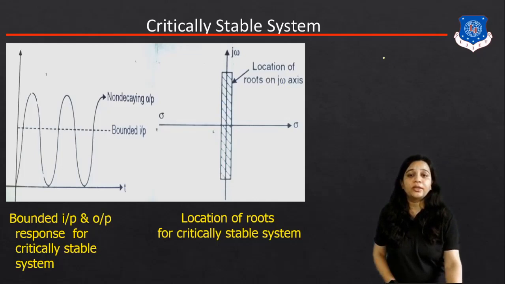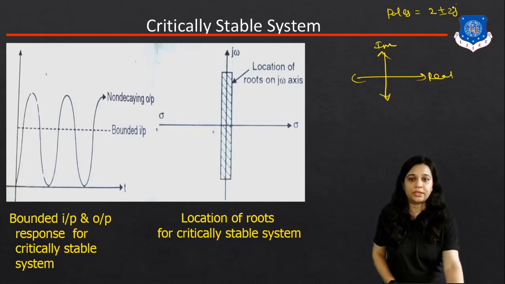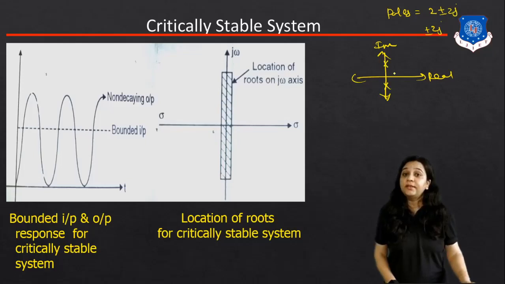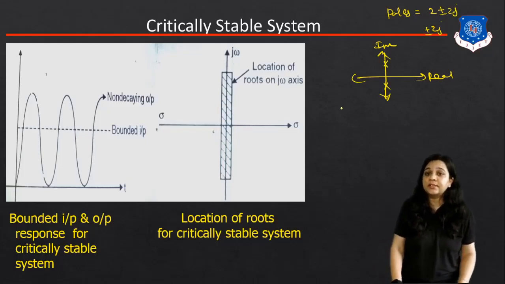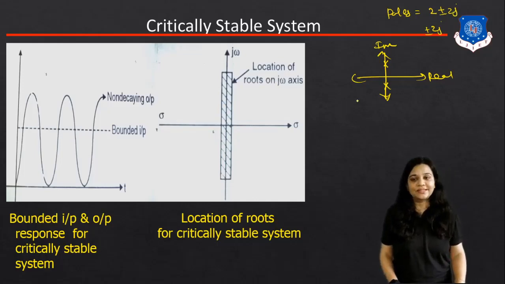Whenever we draw the graph, we have two axes, the real and the imaginary axis. Suppose the poles are at plus or minus 2j. If the location of the roots or poles is on the imaginary axis, that type of system response is a critically stable system.